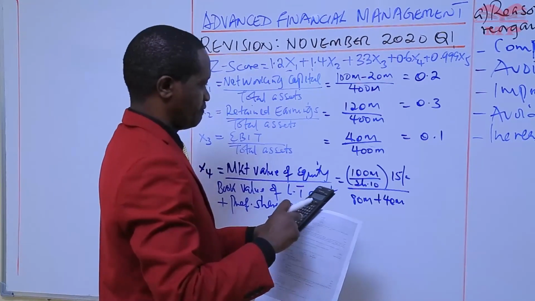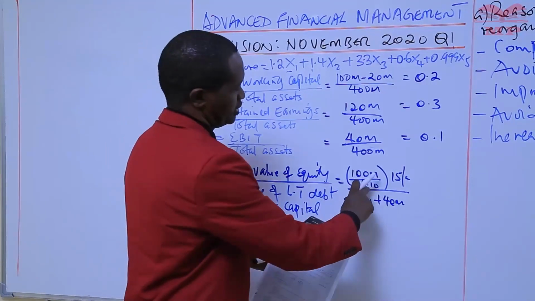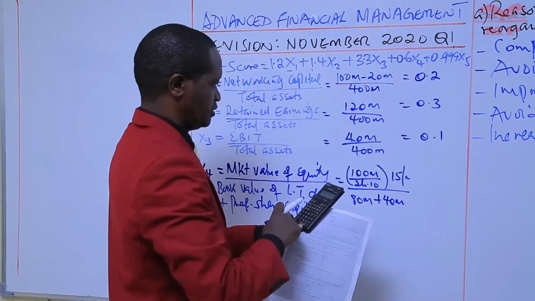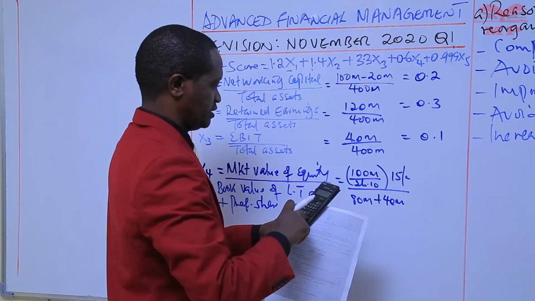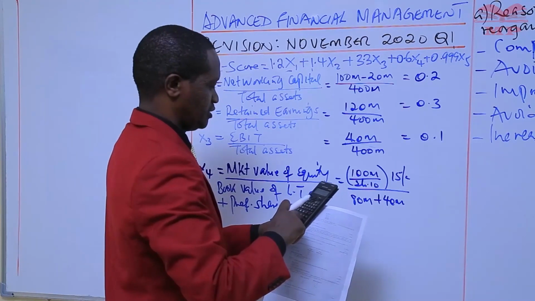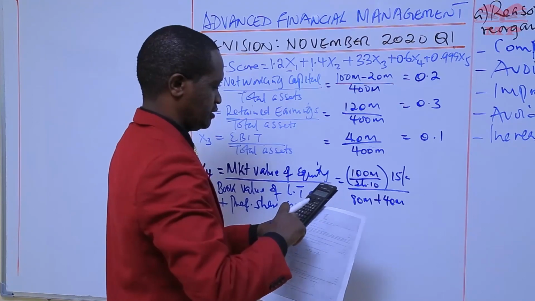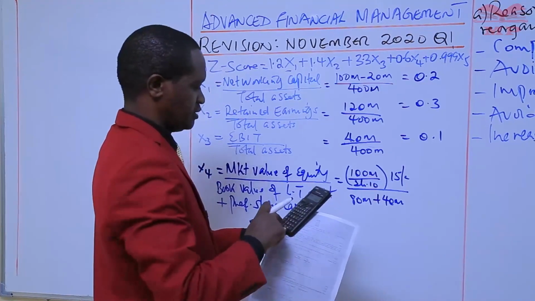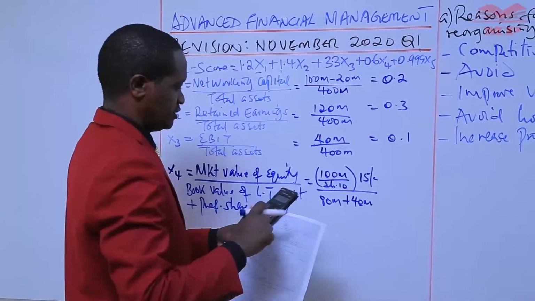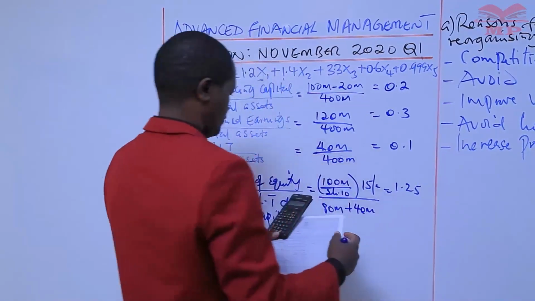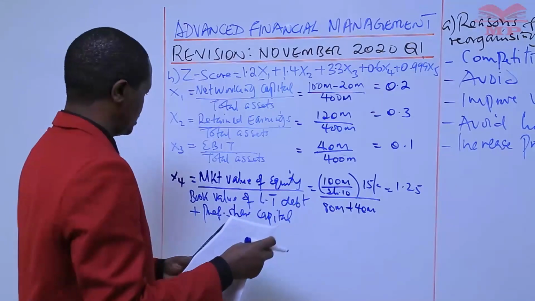X4 is 10 million times 15 divide 120, which is equal to 1.25. So that is X4.